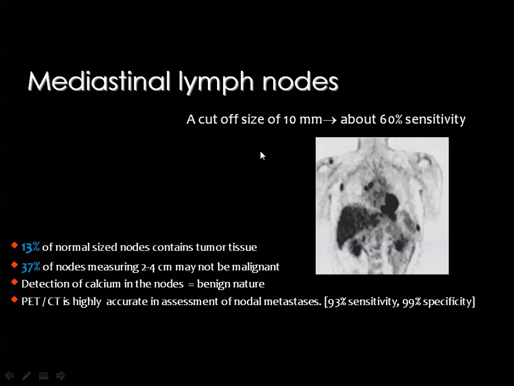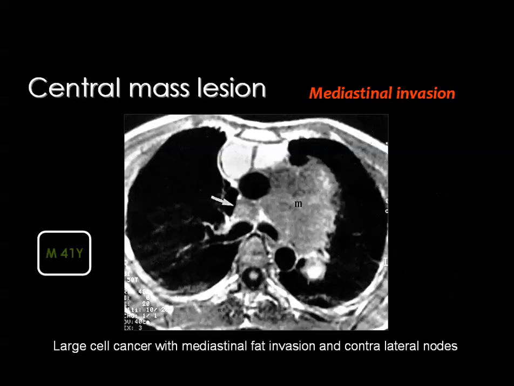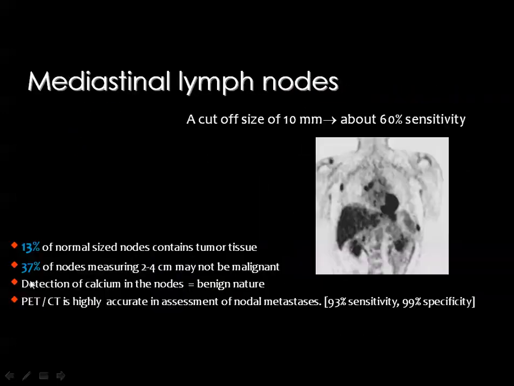The cut-off size of 10 millimeters for the pathologic lymph node will result in about 60% sensitivity of these imaging techniques, provided that 13% of the normal sized lymph nodes may contain tumor tissue, and 37% of the nodes, which are measuring about 2 to 4 centimeters, may not be malignant.